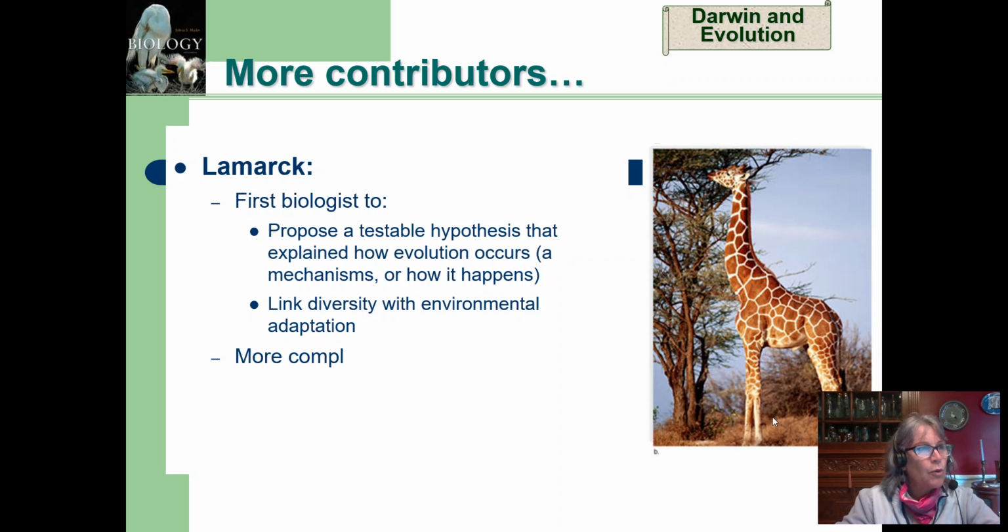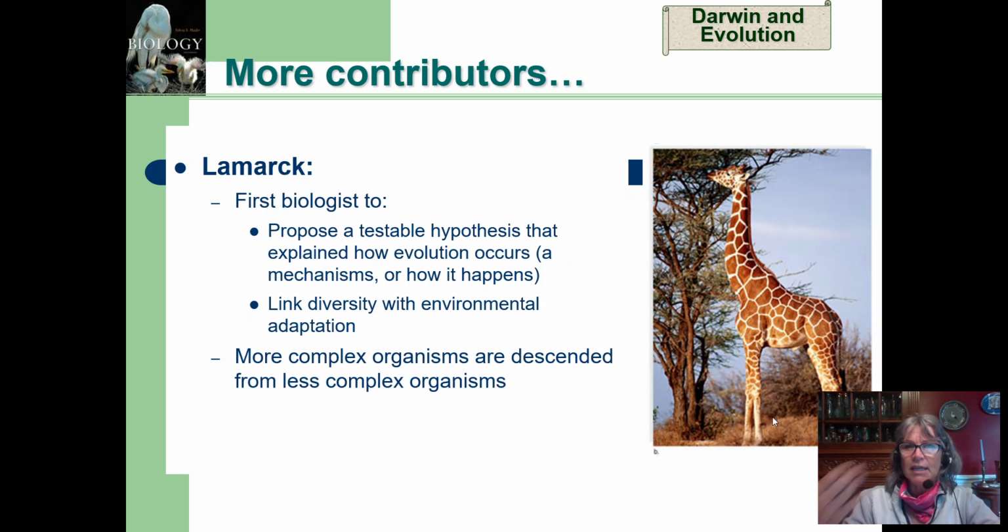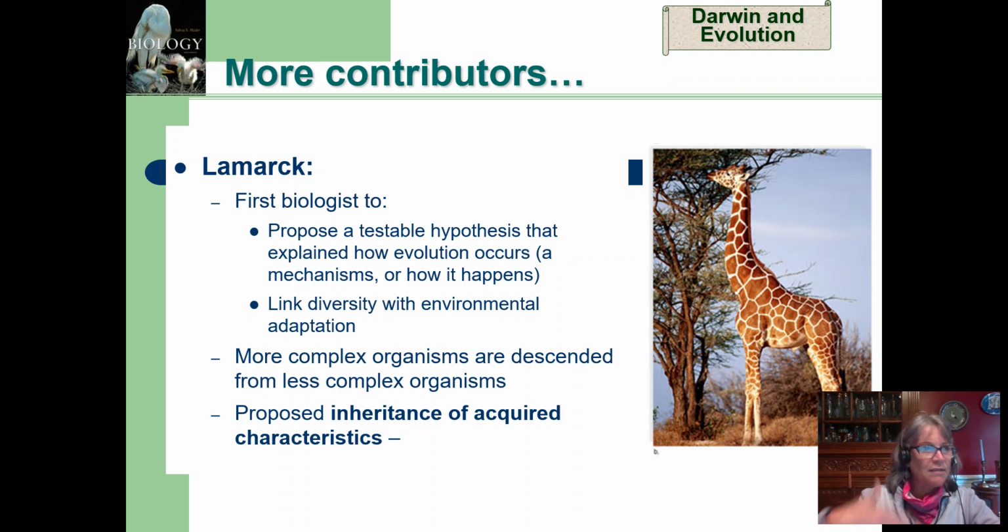And he also proposed, looking at this diversity, that more complex organisms are descended from less complex organisms. And based on this observation that there are more and less complex organisms, and that organisms seem to be best suited for their environment, he proposed the hypothesis of inheritance of acquired characteristics.